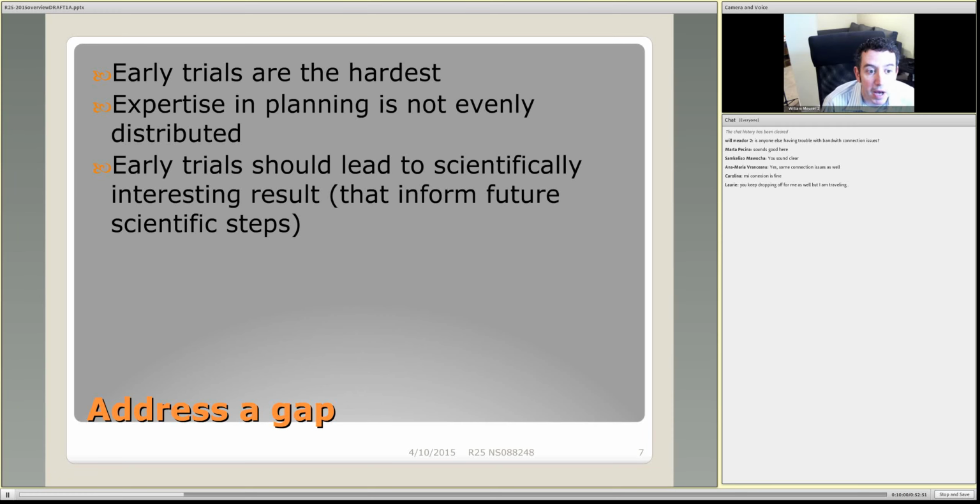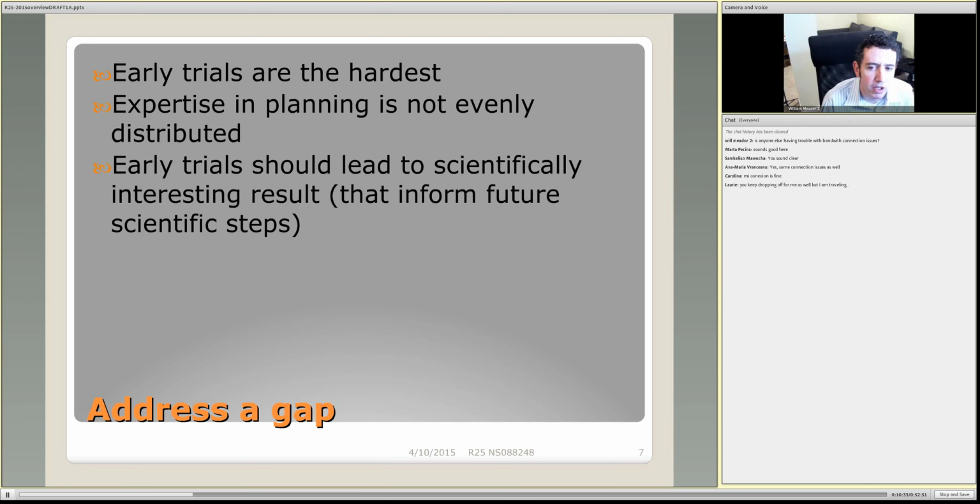We've had past experiences about making sure that the trials are meaningful and doable. The goal of every trial should be that it can lead to a scientifically interesting result that informs future scientific steps. This is in contrast to developing an early phase clinical trial where not much learning occurs, and it's going to basically lead to additional trials no matter what.